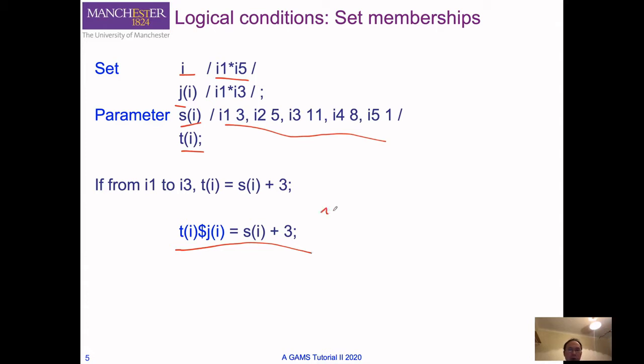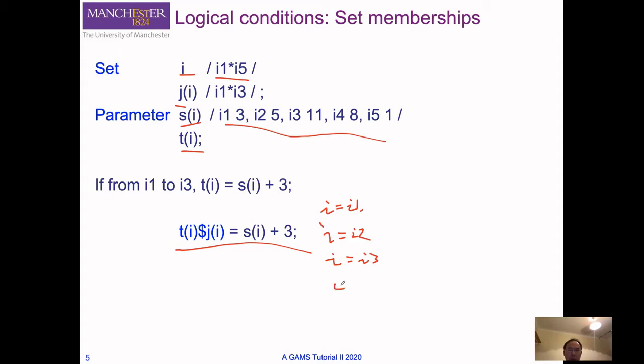That means if I is equal to I1, then we have this assignment. If I is equal to I2, then we have this assignment. If I is equal to I3, then we have this assignment.